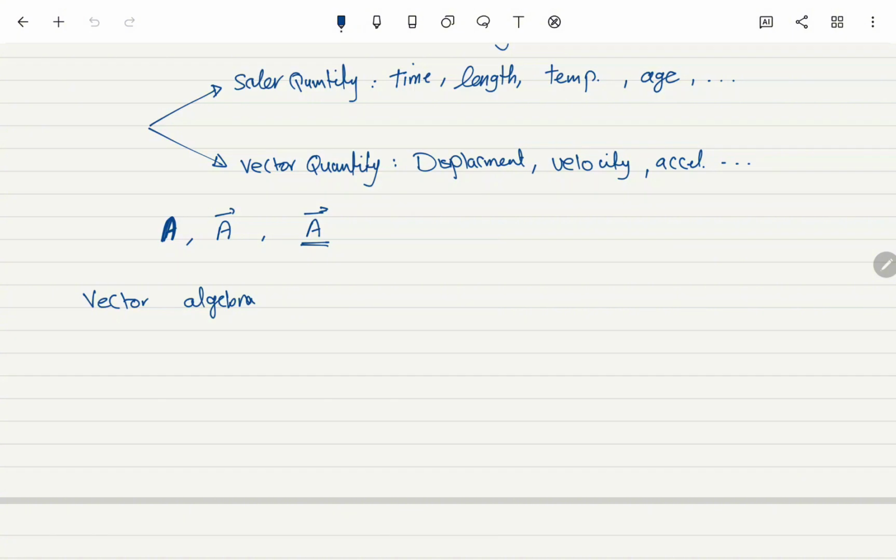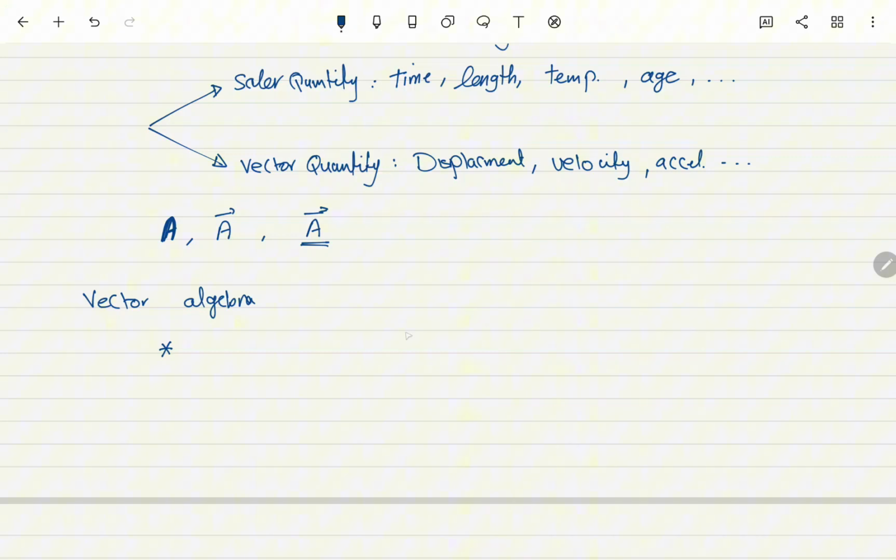Before going further in vector algebra, let's have some definitions. The first one is: two vectors A and B are equal if they have the same magnitude and same direction, regardless of their initial and end points.